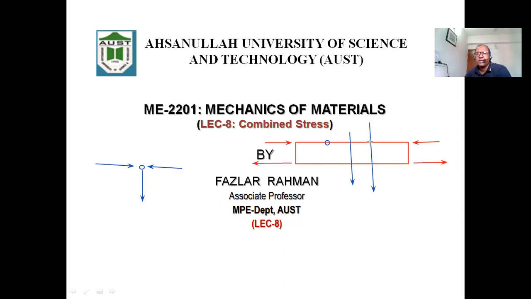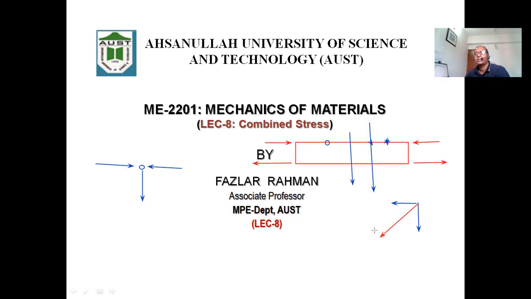What will happen? This point, due to the bending moment, will try to squeeze and move toward the left direction due to compression. And the shear force tries to pull it downward. So one force tries to pull it downward, the other tries to pull it along this direction. So the resultant will be along this direction.